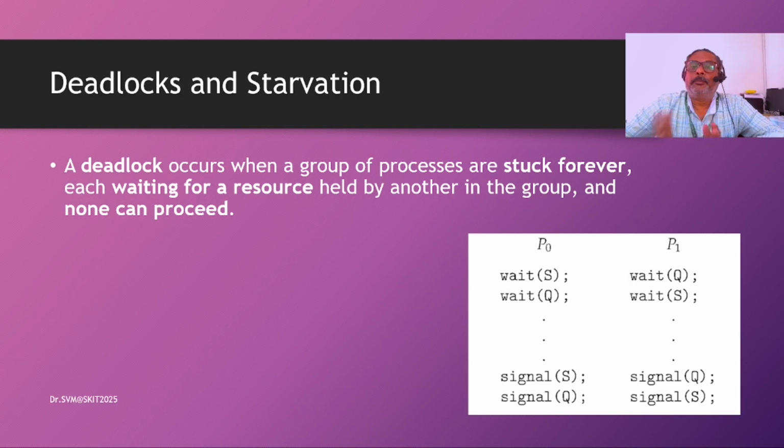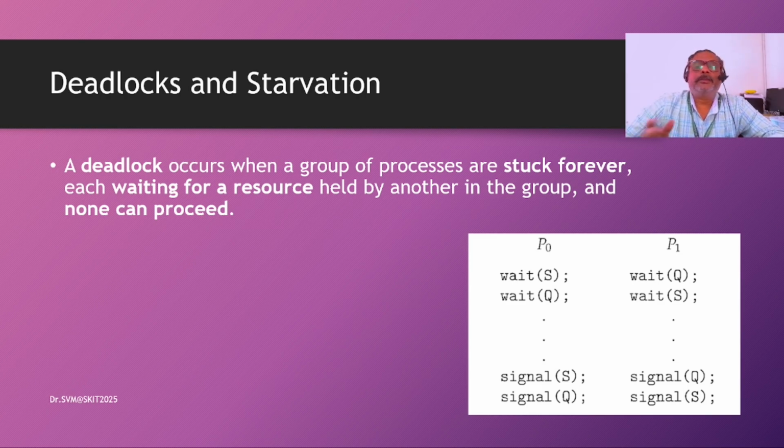At the same time, P1 requested Q, Q was available, given to P1. So what has happened? S goes to P0, Q goes to P1. No issue. Next line. P0 says I want Q. Where is Q? Q is with P1.